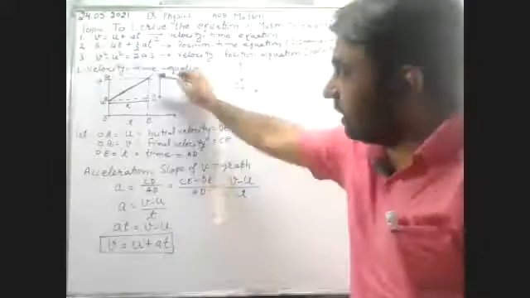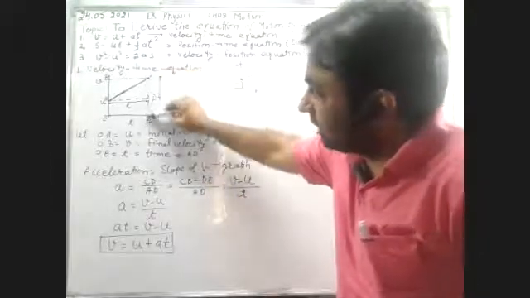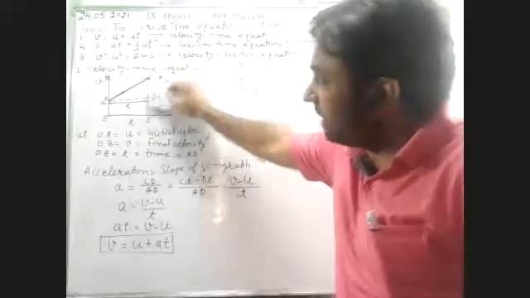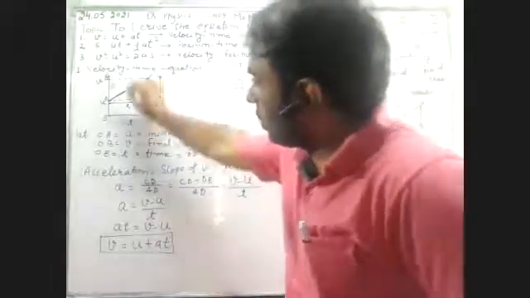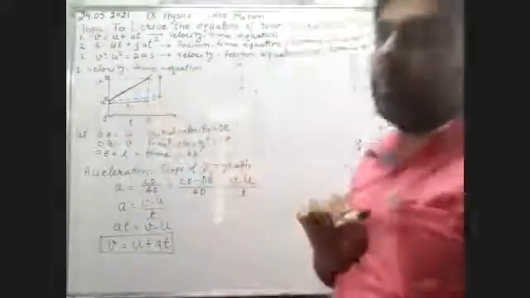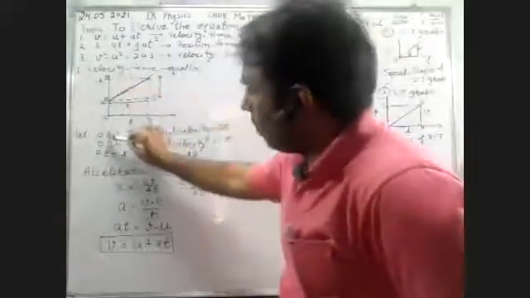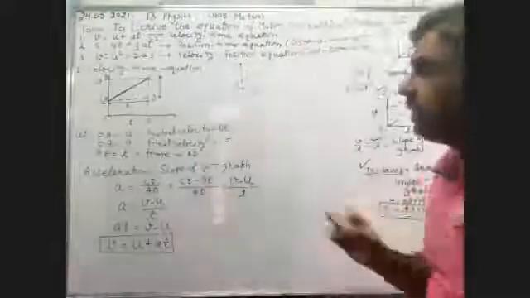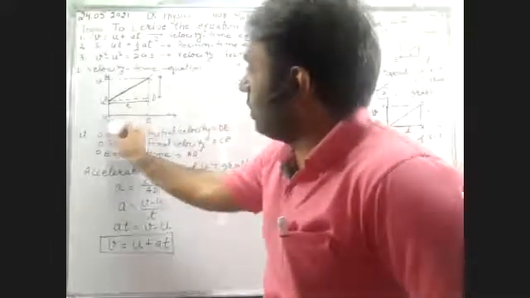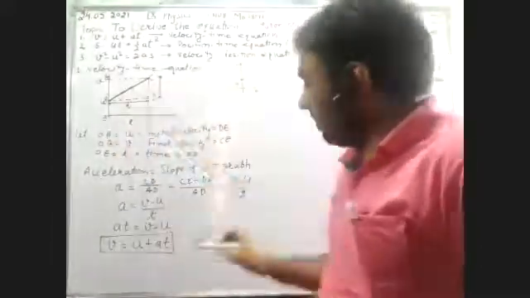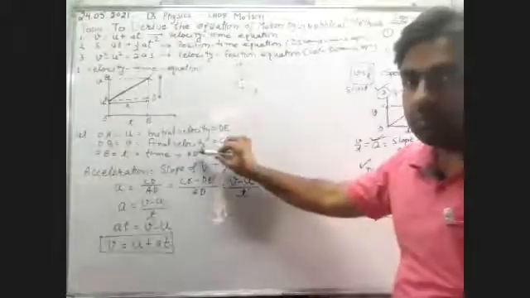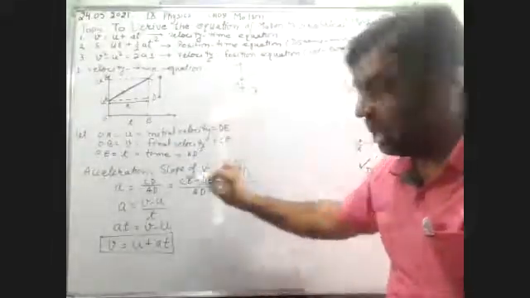And CD is nothing but CE minus DE. This CE is equal to OB, which is the final velocity. DE is equal to OA, the initial velocity. AD is equal to OE, which is time T. Put all these values in this formula.